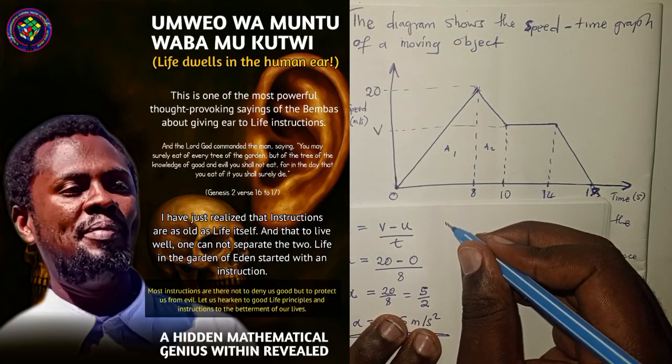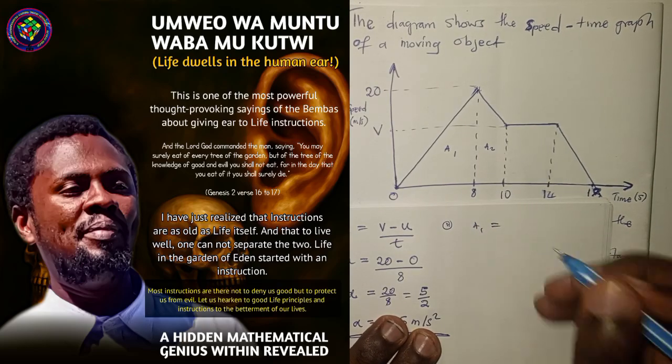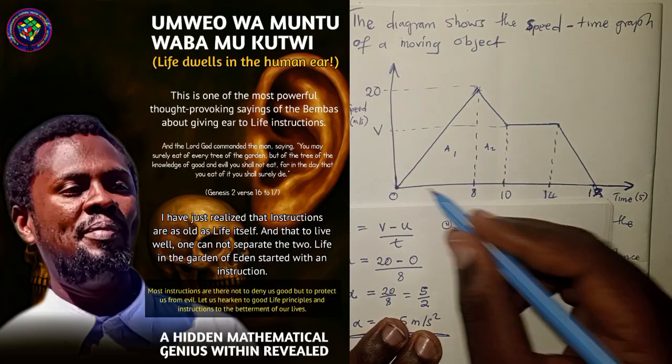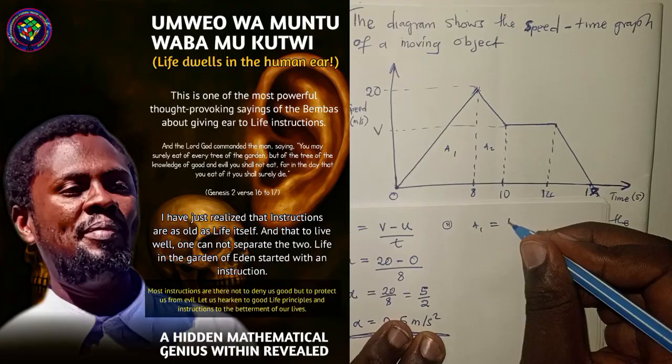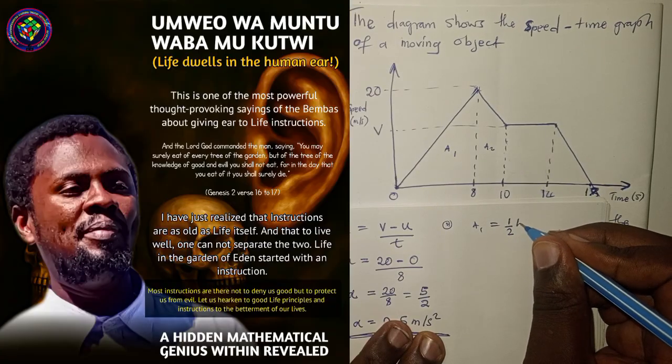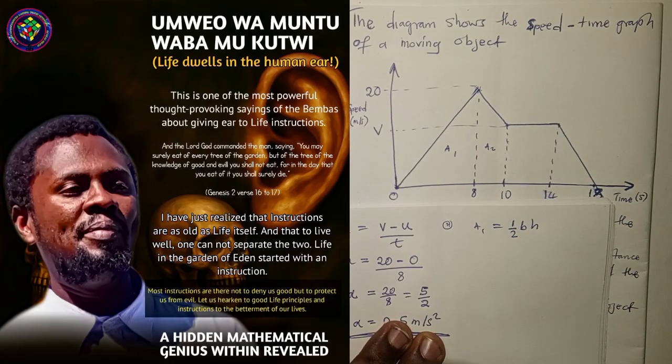You can see that area 1 is a right angled triangle. So for the area of the right angled triangle, the formula is half times base times height.